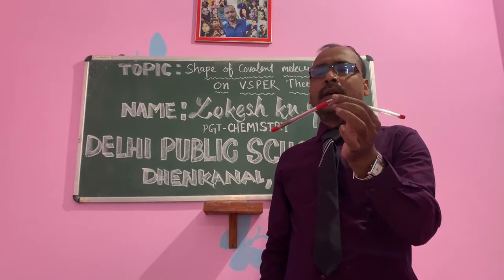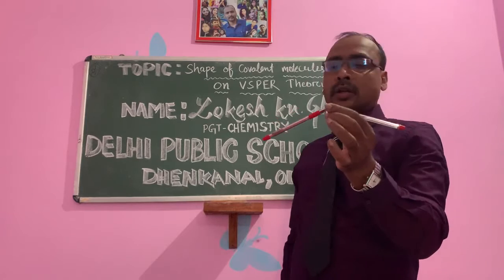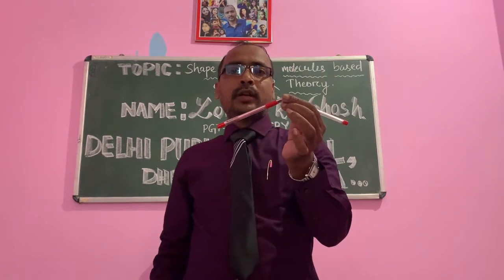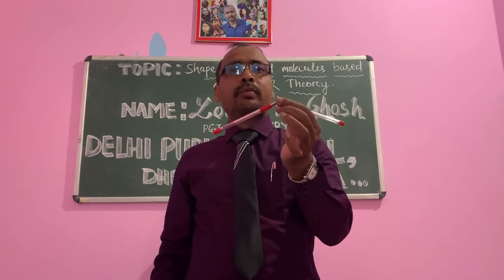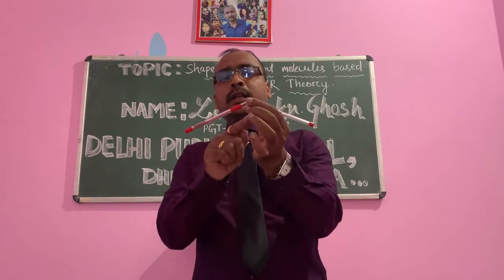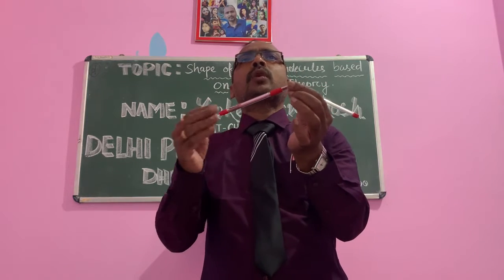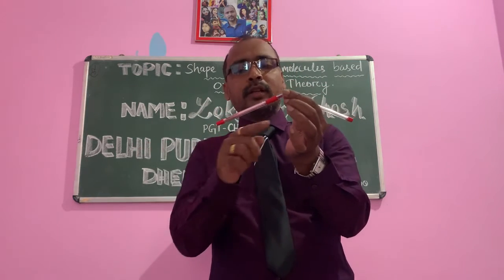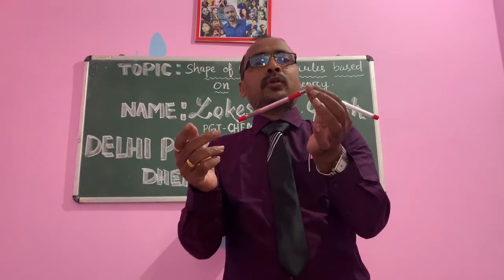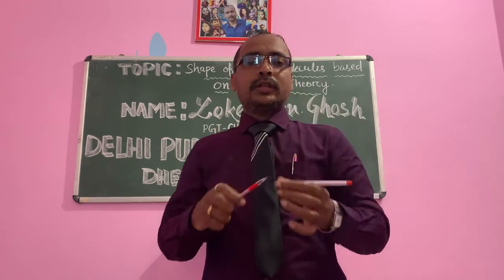The hybridization is sp2, and one example is sulfur dioxide, which has one lone pair and bent shape. The bond angle is 119.5 degrees, approximately between 119 and 120 degrees, which is less than 180. So this is the first type.